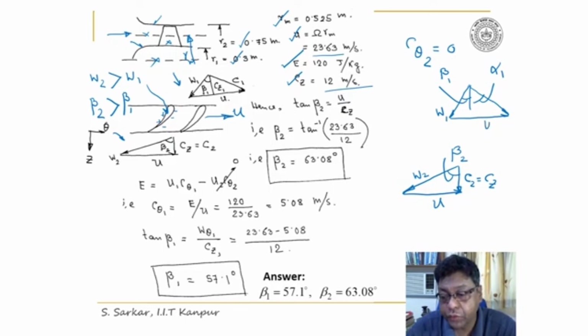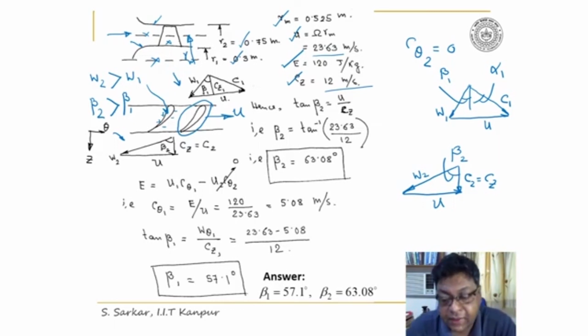So this is U, and this is C1. So hope you have understood the velocity triangle for a turbine at inlet and exit, and you have appreciated that the flow and the blade angle are conformal, and the blade profile too. That is what I like to say, that flow follows the blade orientation. So one can appreciate that the orientation of the blade profile here will be just opposite to that of the pump.